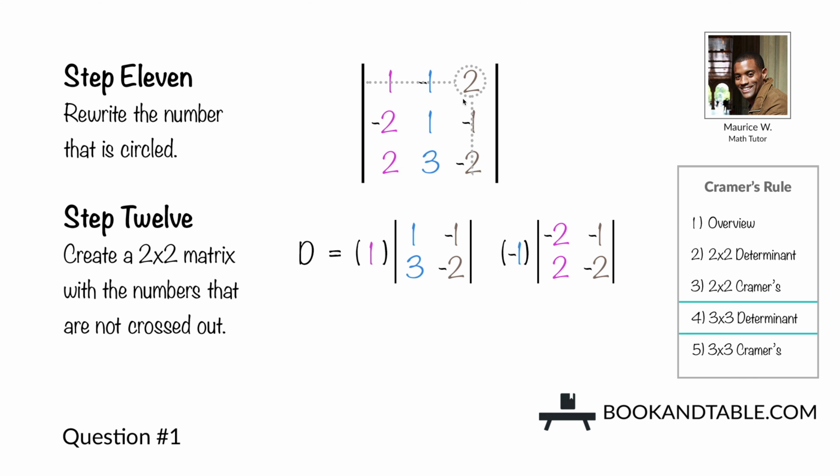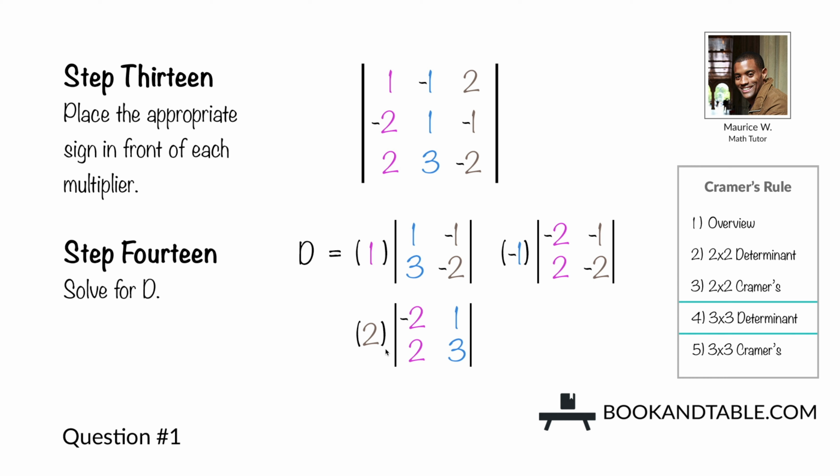Step 11, rewrite the number that is circled. That would be +2. In step 12, create a 2x2 matrix with the numbers that are not crossed out, which would be these 4 numbers here. So now we have 3 2x2 systems with multipliers in front of each one.